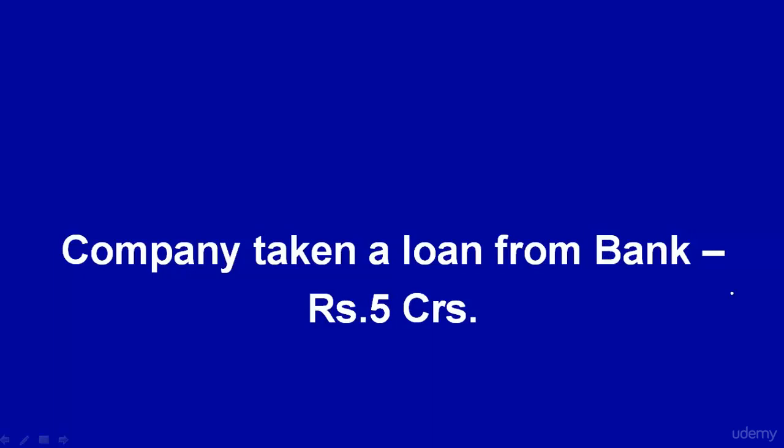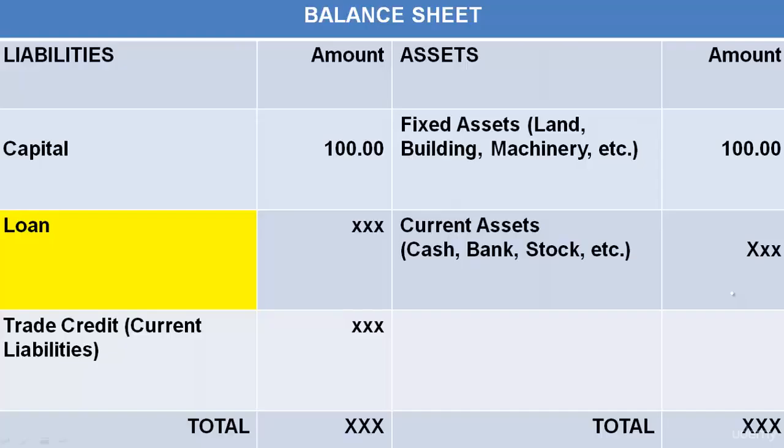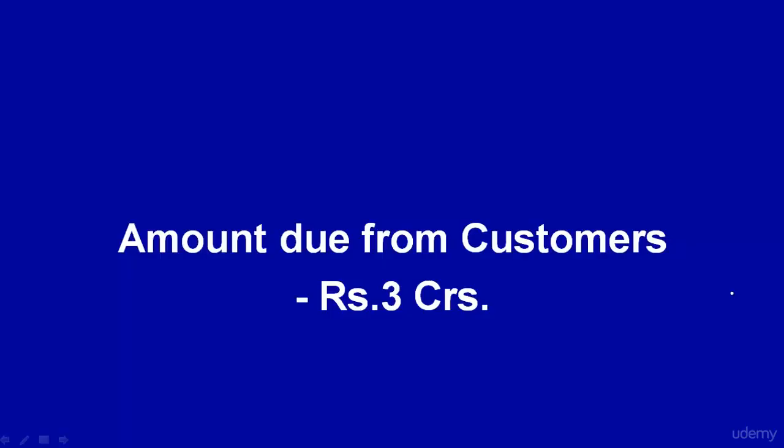Then the company had taken a loan from the bank, rupees 5 crores. So loan is something which has to be repaid as per schedule or at any point of time. So anything which should be repaid is a liability, and this should appear on the liability side, say loan 5 crore. Then amount due from customers, rupees 3 crore.